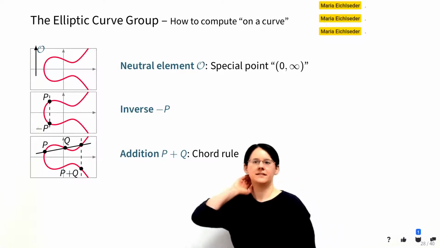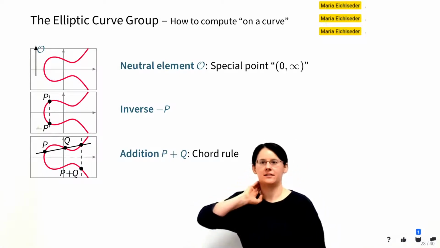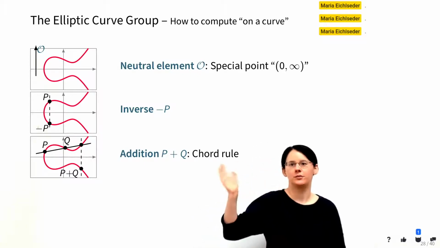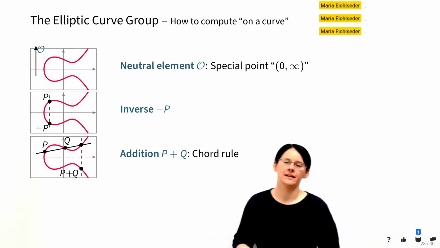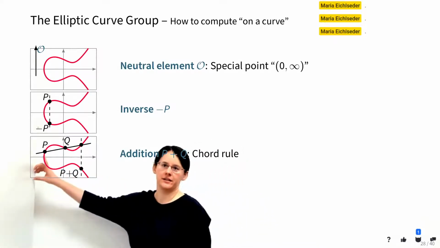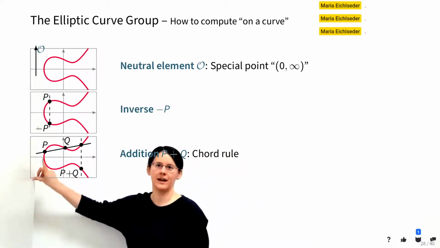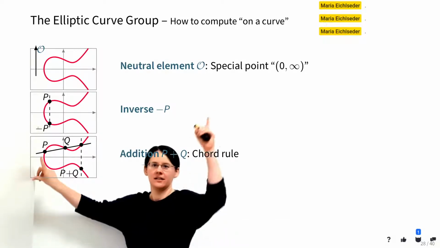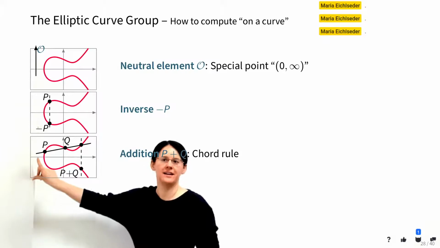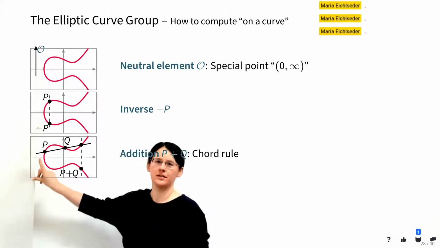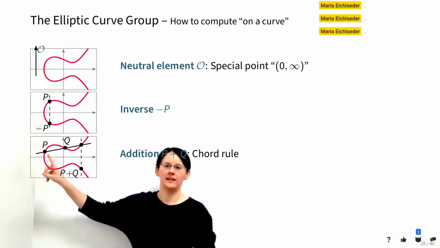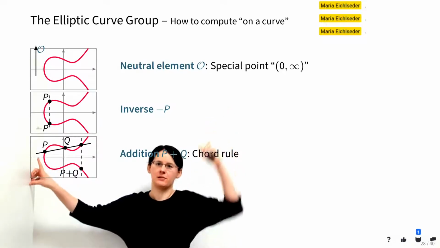So why does this make sense for the neutral element, and why does it make sense with respect to the inverse? Let's first have a look at the neutral element. So let's take the point P and let's see what happens when we add the neutral element to it. What we would like to get is again P as a result. So in this geometric representation, I now have to draw a line through P and the special point.